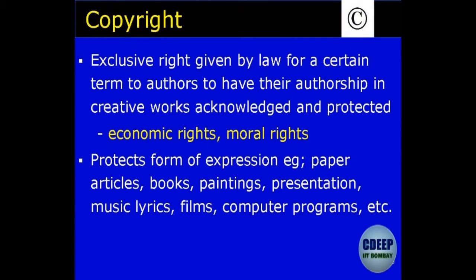Now let us move to copyright. This is the exclusive right given by law for a certain period of time, of course, for any creative expression. This is of two types: one is the economic right and one is the moral right.